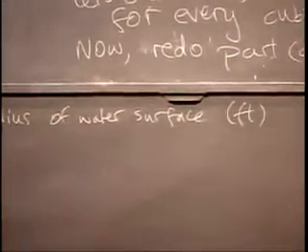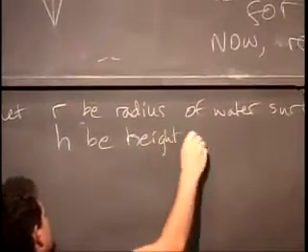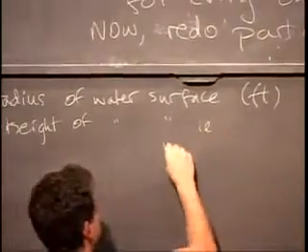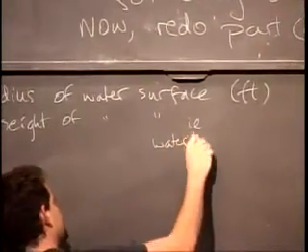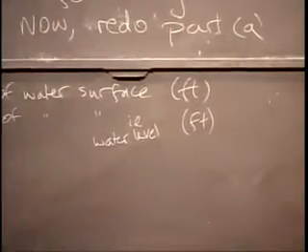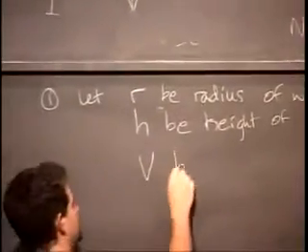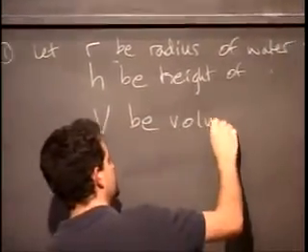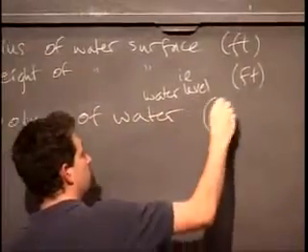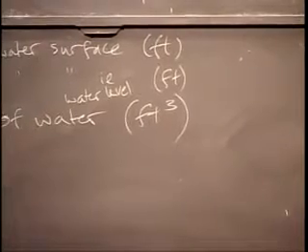Let h be the height of the water surface, i.e. the water level, in feet. Those are actually the only quantities that are changing, apart from, let V be the volume of water in cubic feet. So those are actually the changing quantities.